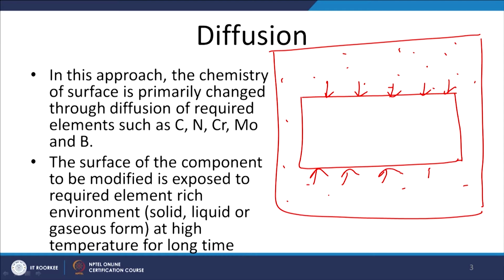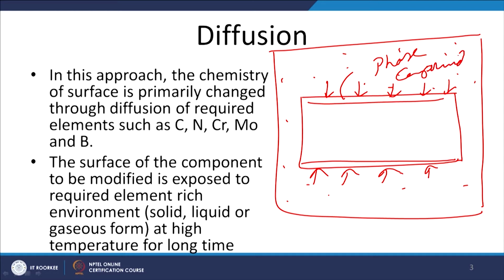Such diffusion helps to modify the near surface layer chemical composition, and once it is able to diffuse, it will offer its effect in various forms, like forming the suitable kind of phases, compounds or intermetallics, which in turn will affect the wear and friction behavior of the material.